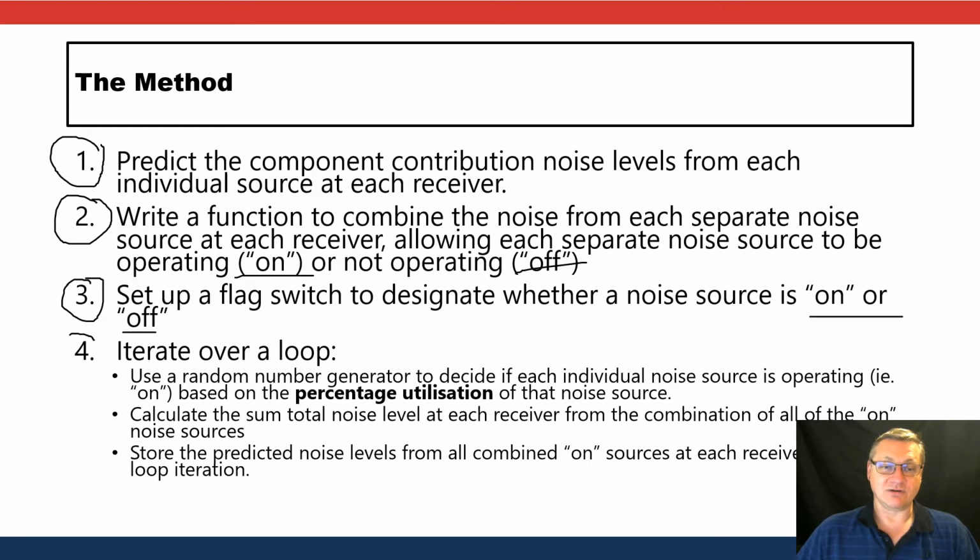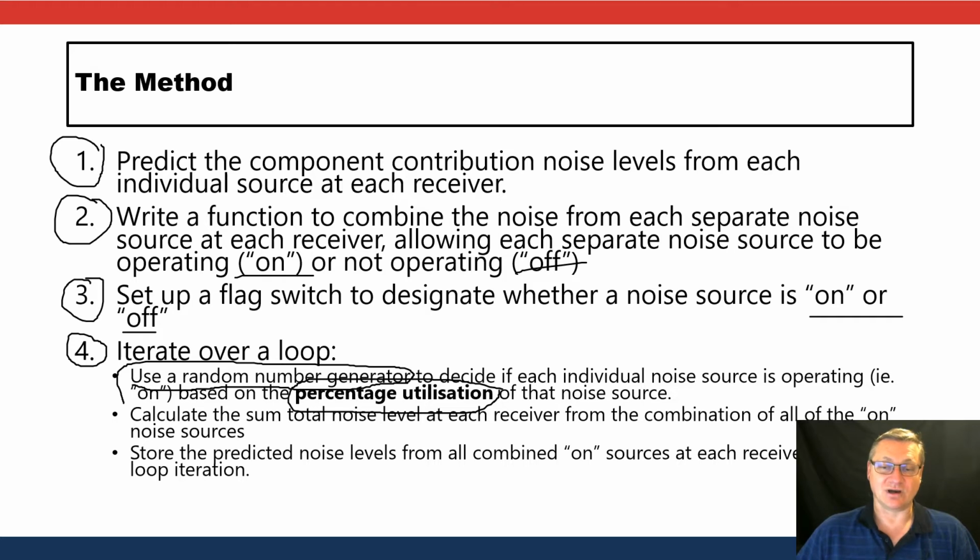And then you iterate over a loop, changing that flag switch. You use a random number generator to decide whether each individual noise source is operating or not, based purely on the percentage utilization of that noise source.